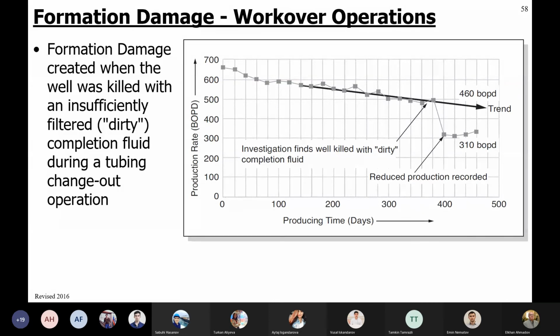So just changing tubing in the wellbore with the not clean completion fluid caused this kind of decline in the wellbore, and it even had a cumulative effect, and you can see the drastic drop in the production rate.